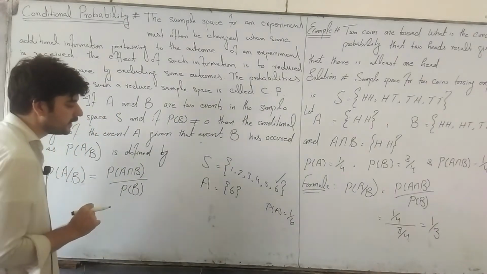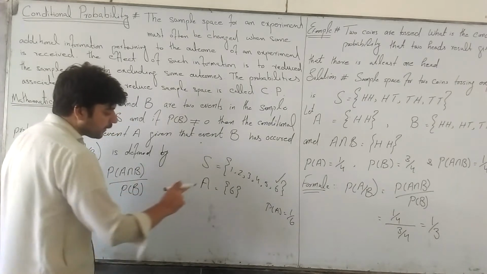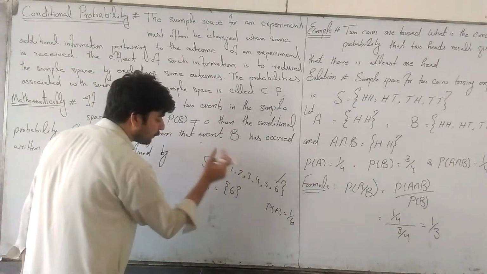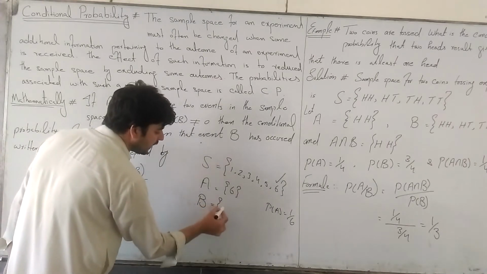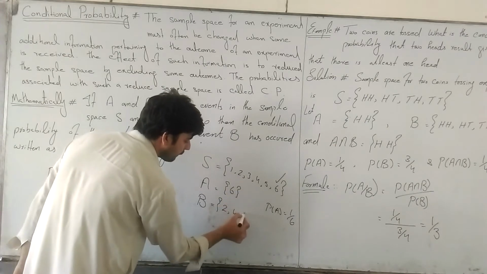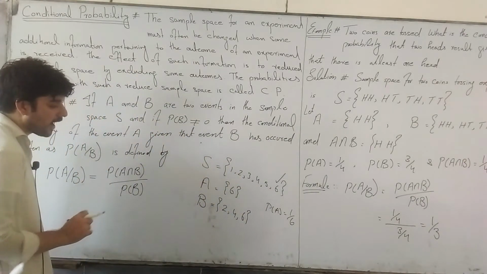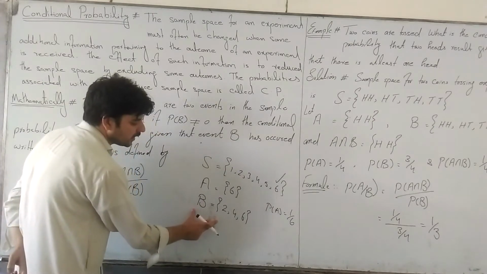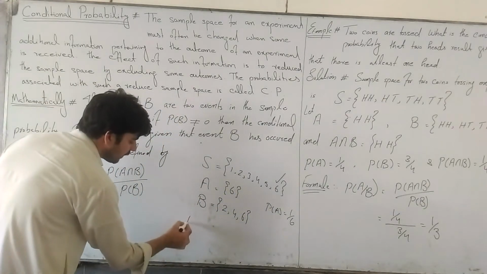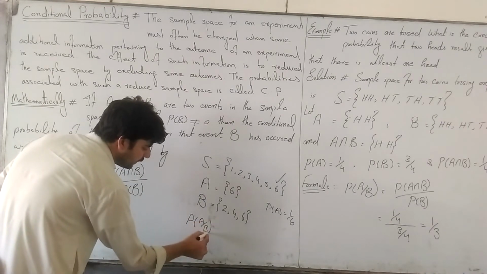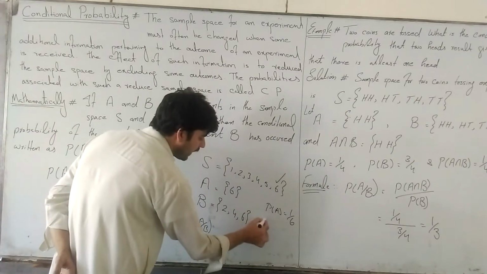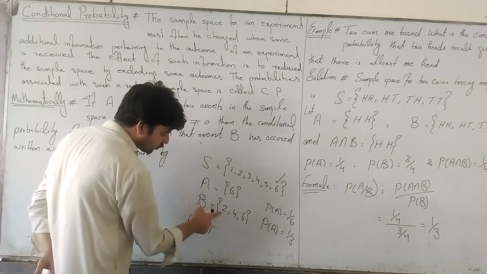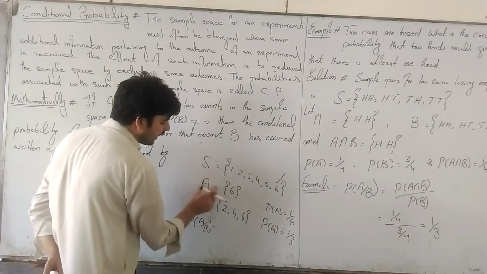But in conditional probability, we find the probability of A not on the basis of S but on the basis of the subset of S. Suppose that subset is B, and B contains all even numbers of sample space S. If we find the probability of this set A on the basis of set B, it is called conditional probability and is represented by probability of A given B. In this case, probability of A is not equal to 1 over 6 but 1 by 3, because the total outcome is 3 and the set contains only one element.